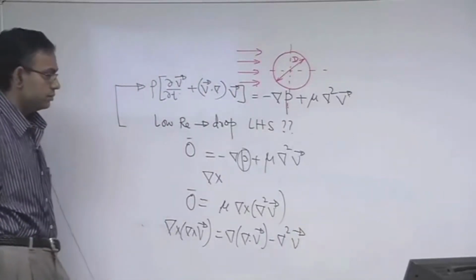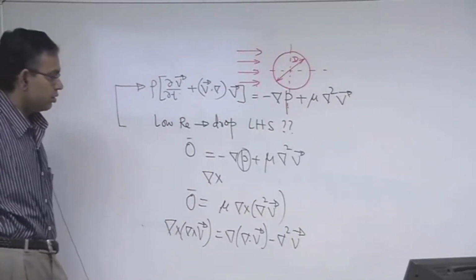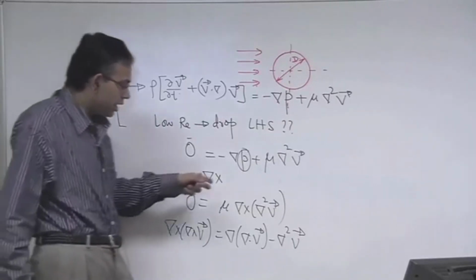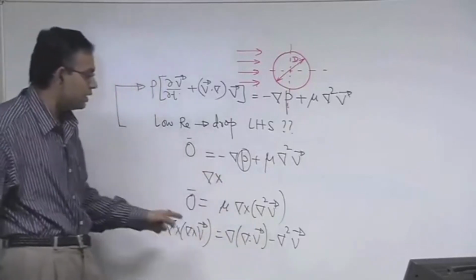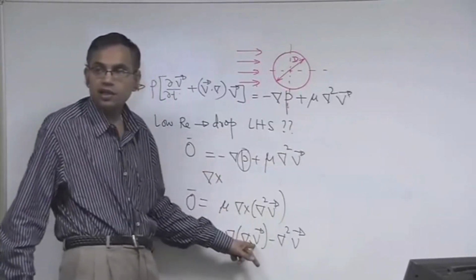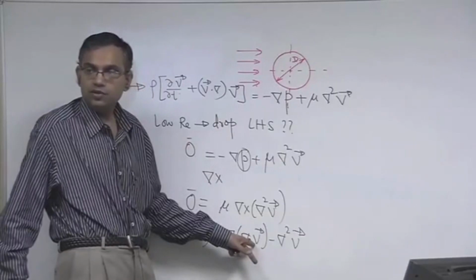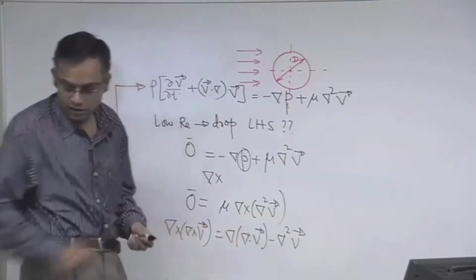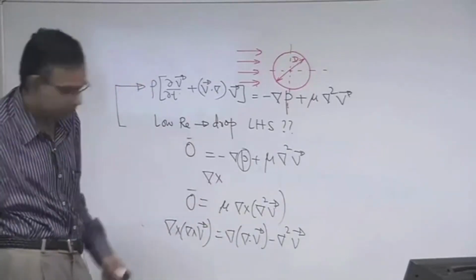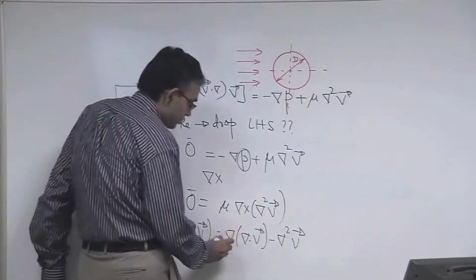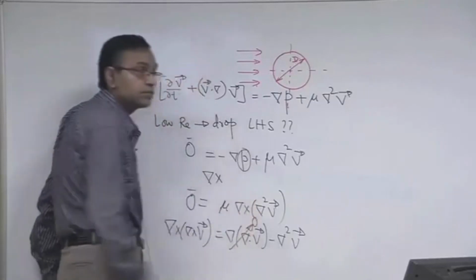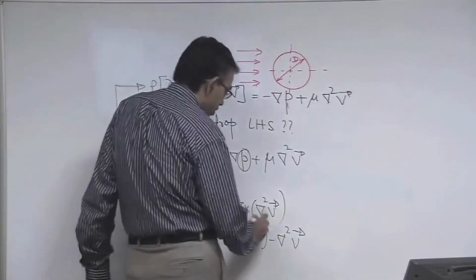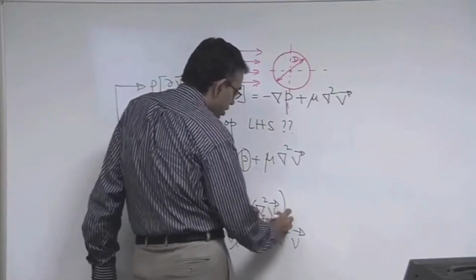This is a very commonly used vector identity, and the interesting part of the vector identity is that you have a divergence of velocity in one of the terms. So, if it is incompressible flow as we are considering for this case, then this term will go away. For incompressible flow, not for all cases, only for incompressible flow.